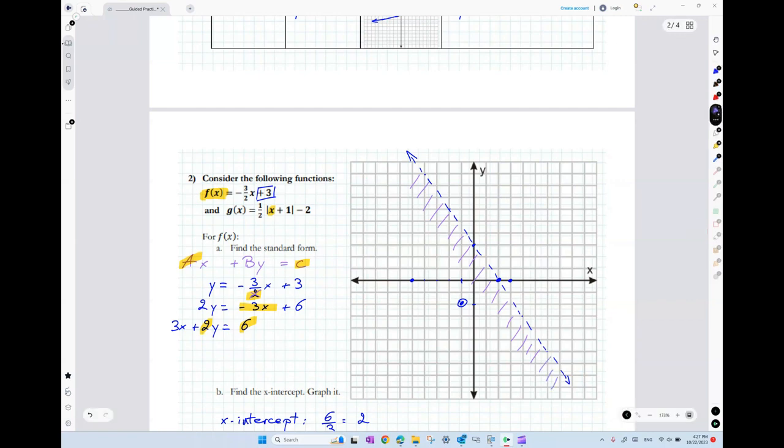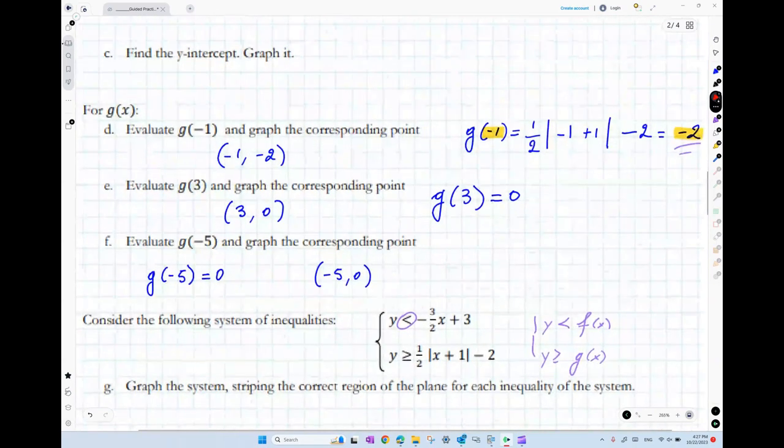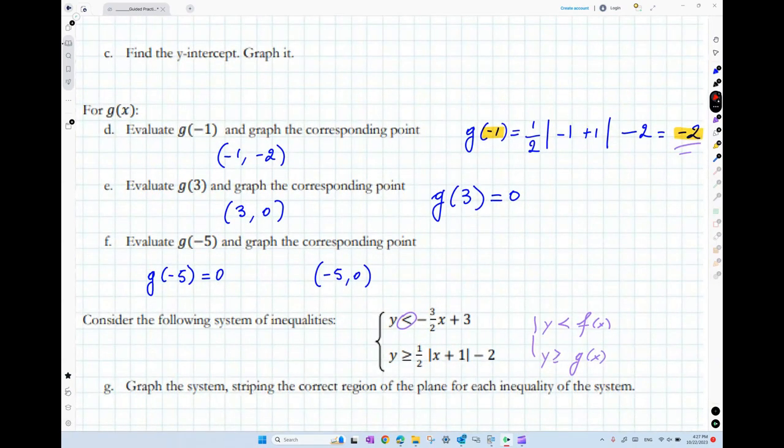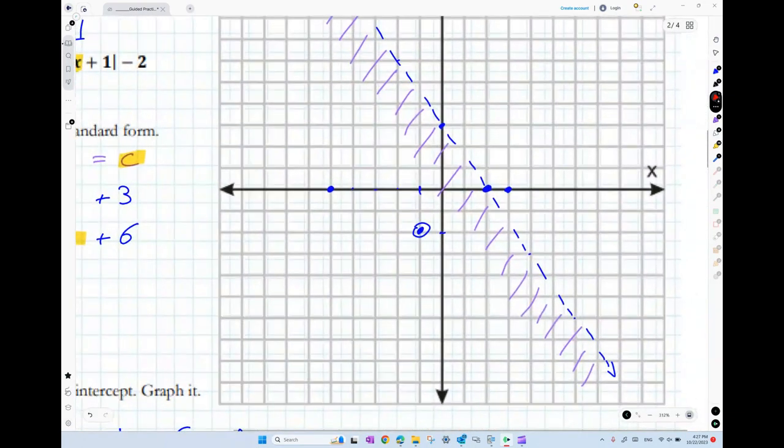Now, for the absolute value, it says greater than or equal, and it's solid. So, actually, I've got kind of a ruler. Let me cheat here a little bit. It's going to go through that one here and keep going that way, then that way through the 2 points that I evaluated.